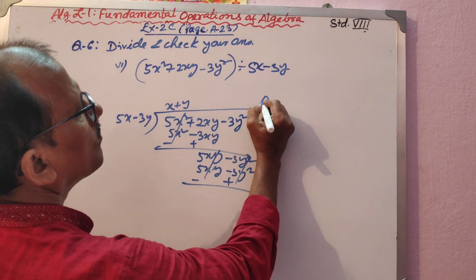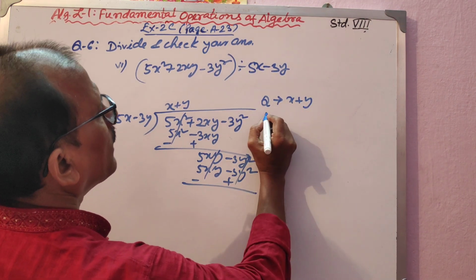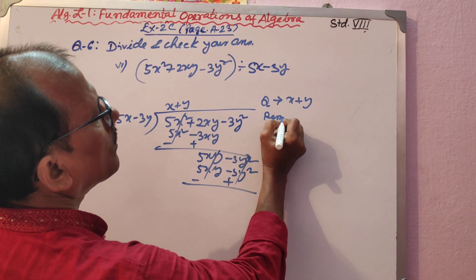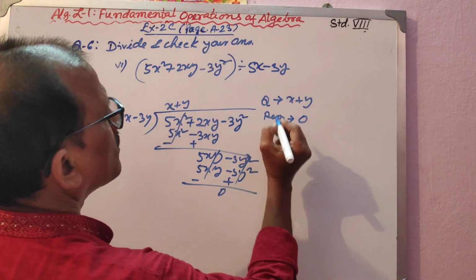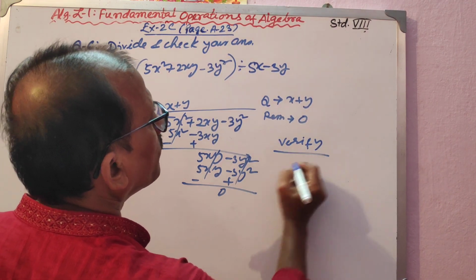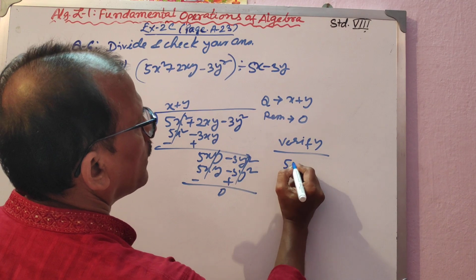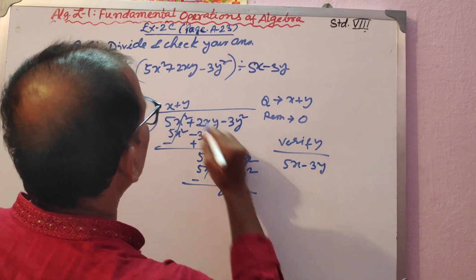So the quotient came how much? x plus y, and the remainder 0. Therefore, how will you verify? Checking the answer. How will you do the verification? Divisor into quotient.